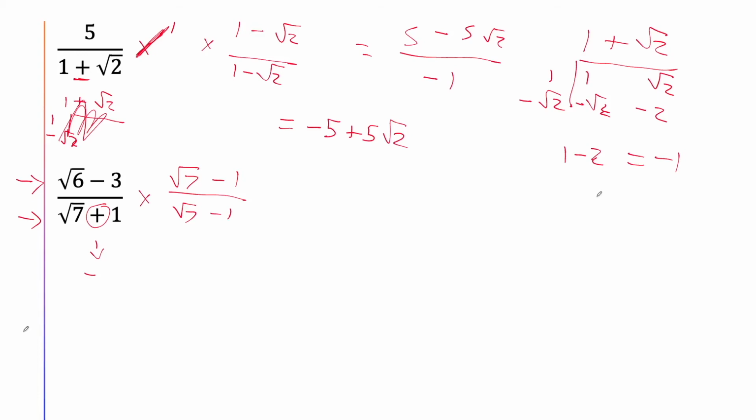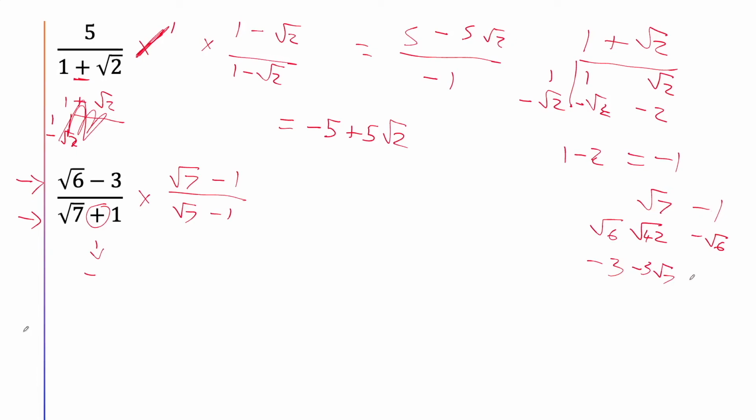So now we're going to have to make two grids because we have to expand two separate brackets. Let's do the top first. Root 6 minus 3. Root 7 times root 6 is just root 42 because 7 times 6 is 42. Minus 1 root 6 is minus root 6. Minus 3 root 7 is minus 3 root 7.